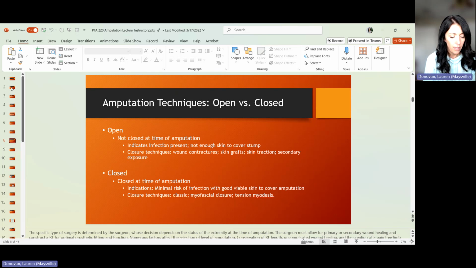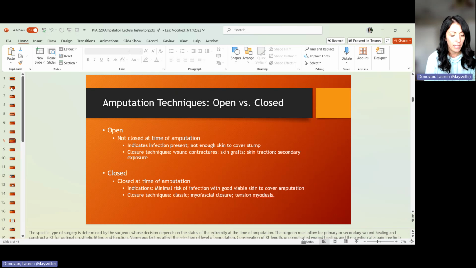They might also do some myofascial or myoplasty, myodesis, or tenodesis. For most transtibial and transfemoral amputations, they'll use a combination of myoplasty, which is muscle to muscle closure, and myofascial, which is muscle to fascia closure. This ensures that the muscles are properly stabilized and do not slide over the end of the bone.